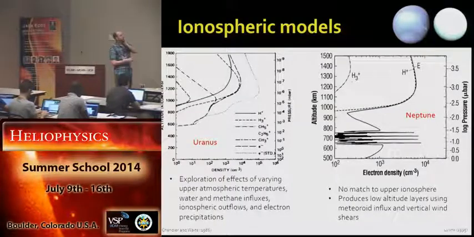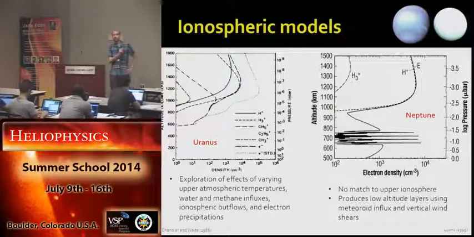Just a brief example, there are a few models that have attempted matches at Uranus and Neptune as well. I just want to point out here, so here's altitude versus electron density. In this model, they reproduce these sharp lower electron density layers.